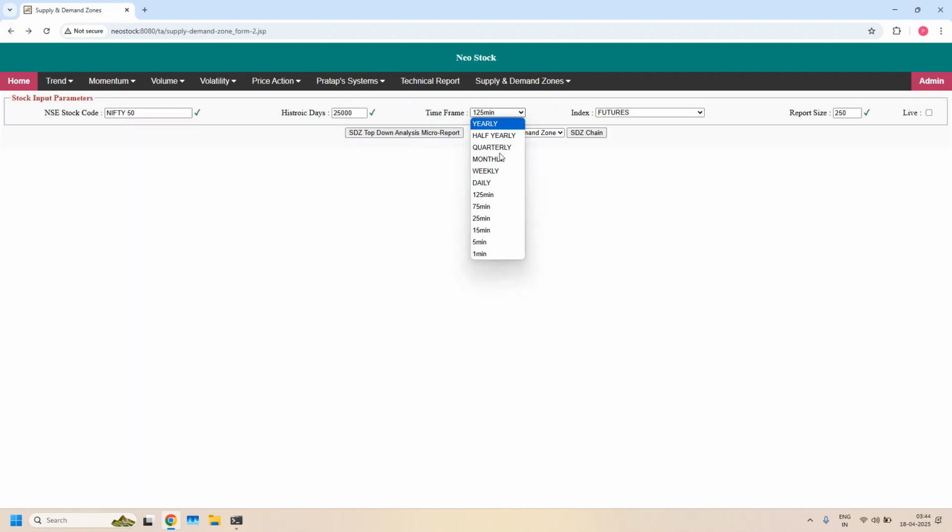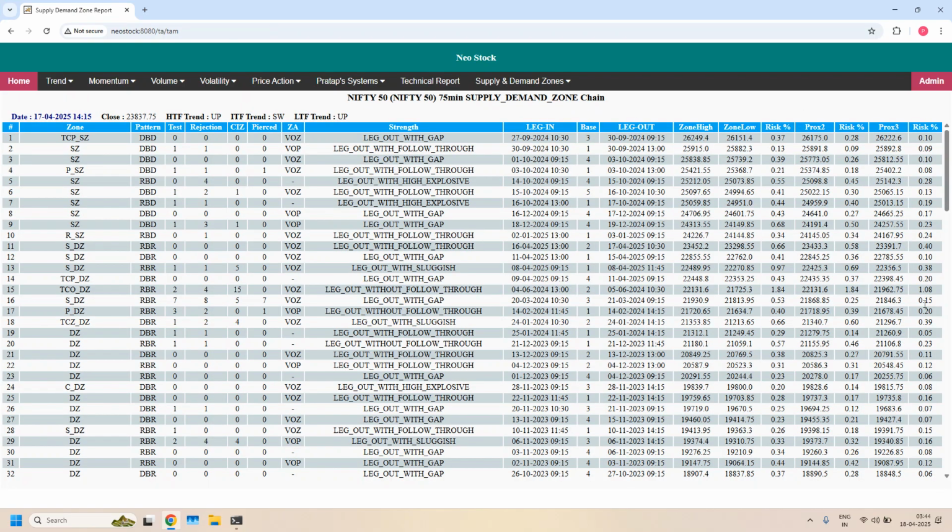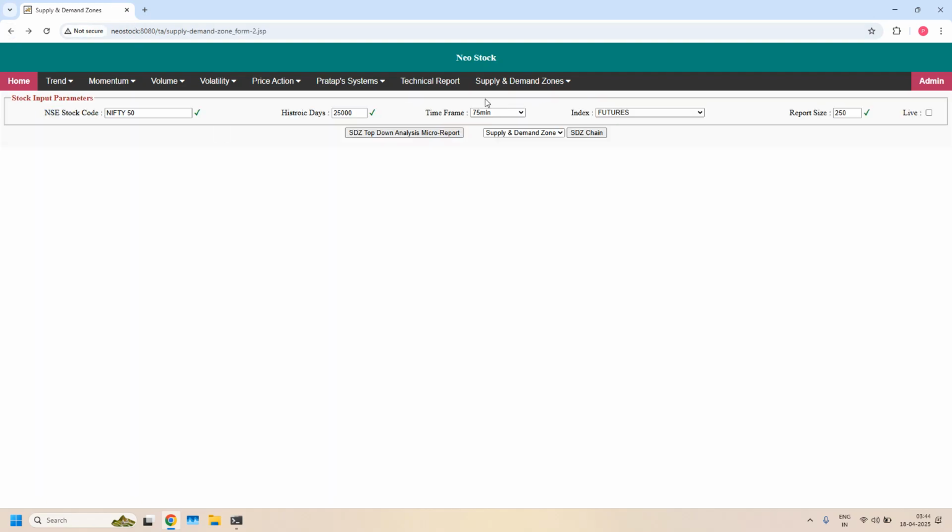Next, 75 minutes supply demand zone chain for NIFTY. Okay, next, 25 minutes supply demand zone chain for NIFTY.